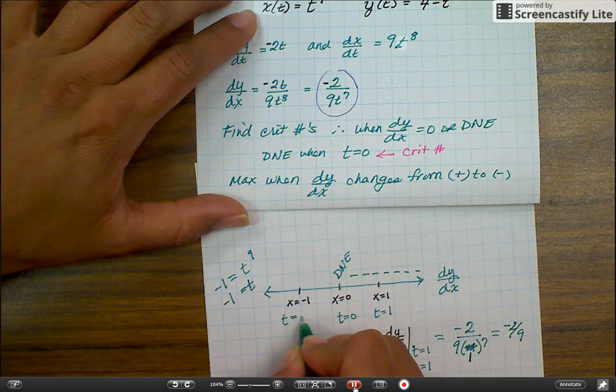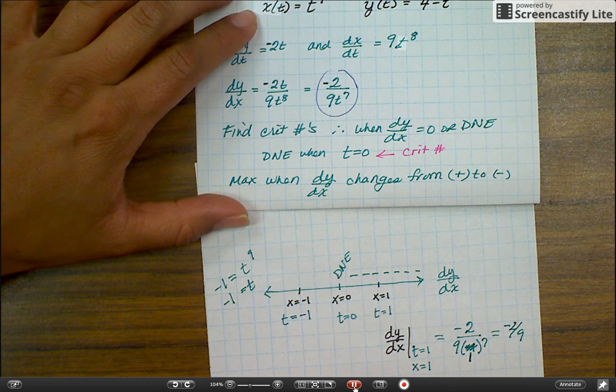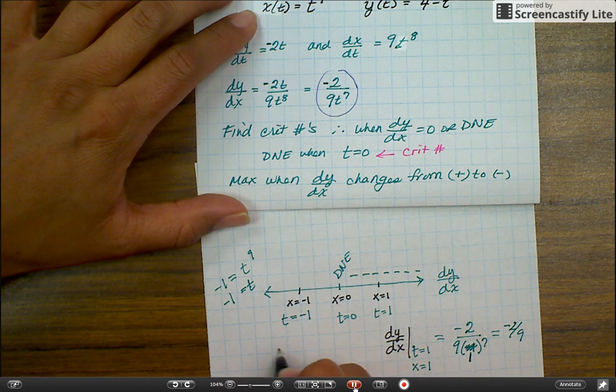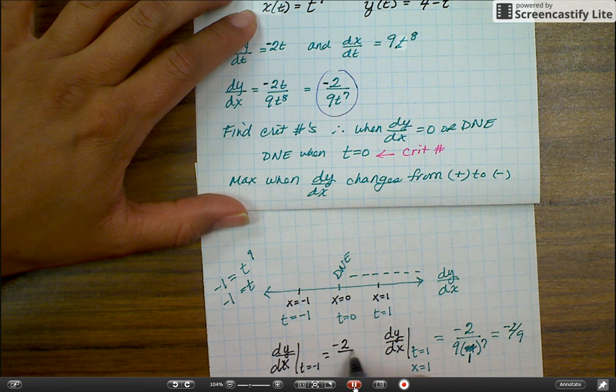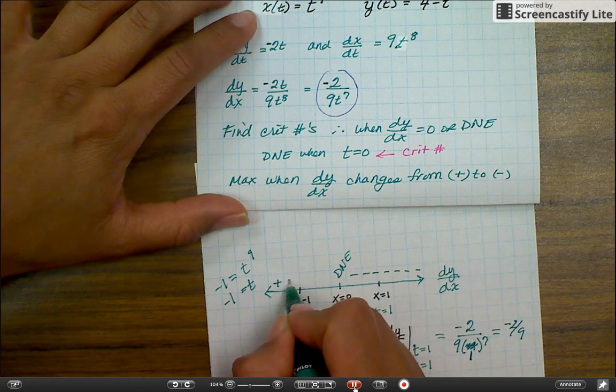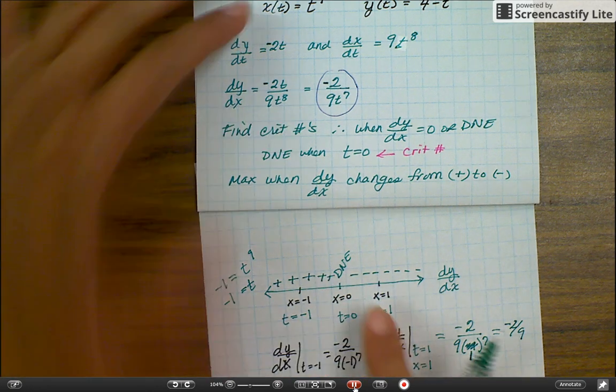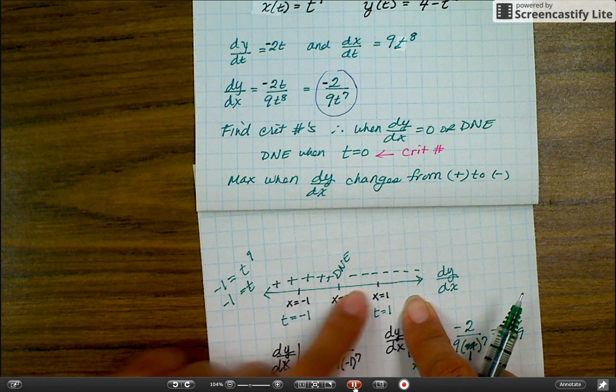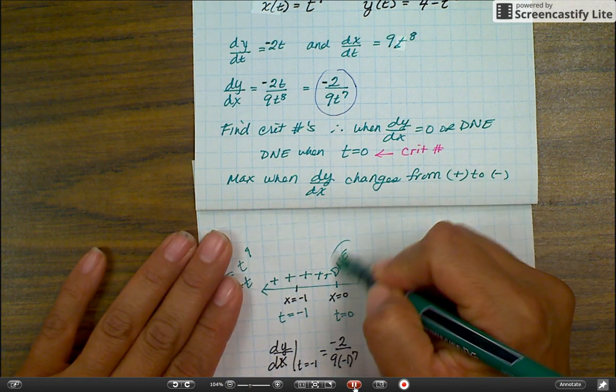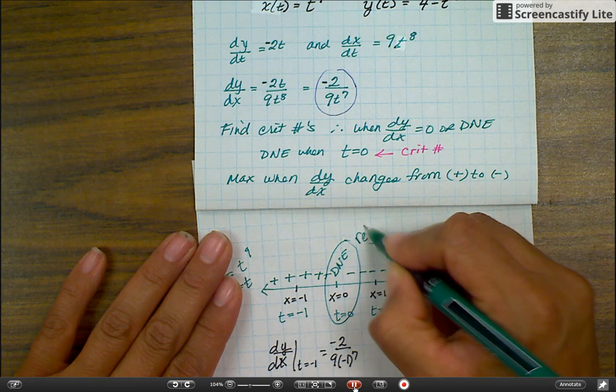So now let's find out the value of the derivative when t is equal to negative 1. Negative 2 divided by 9 times negative 1 to the 7th power. And that is going to end up being a positive. So my derivative changed from positive to negative. Therefore, this is going to be the relative maximum.